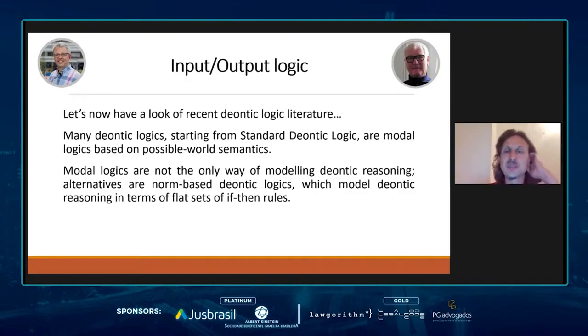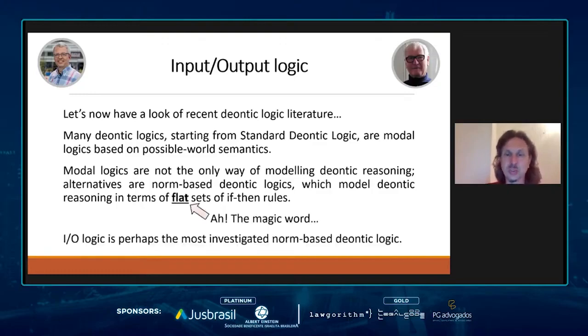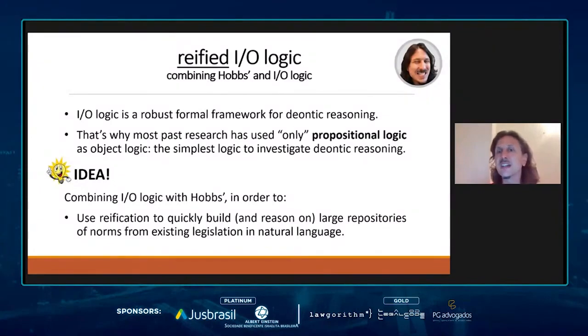And the most popular norm-based deontic logic is input-output logic, authored by my supervisor in Luxembourg and David Makinson, and so input-output logic basically represents deontic rules in terms of a flat set of if-then rules. And again, the magic word that suggests integrating the two together.